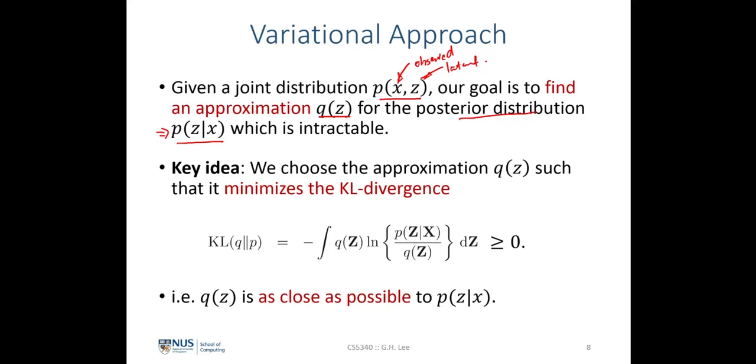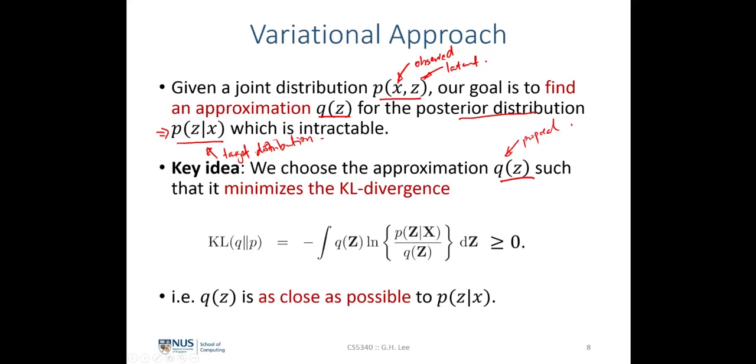So the key idea here is that we are going to choose an approximation Q(Z) such that the KL divergence between the two distributions, this Q(Z), which we can also call our proposal distribution, and this P(Z|X), which is our posterior distribution or our target distribution, are as close to each other as possible.